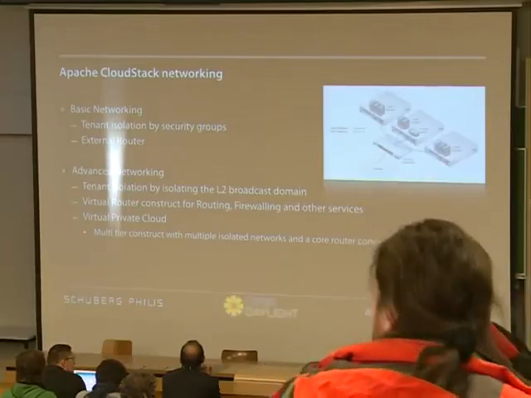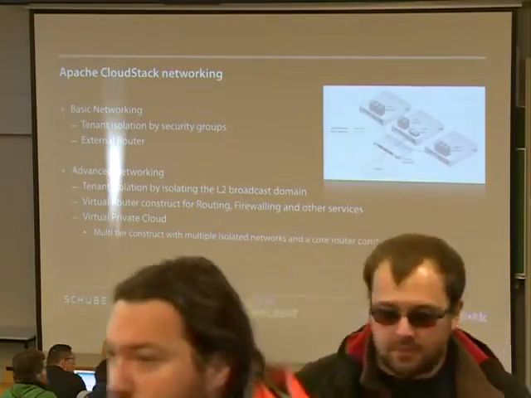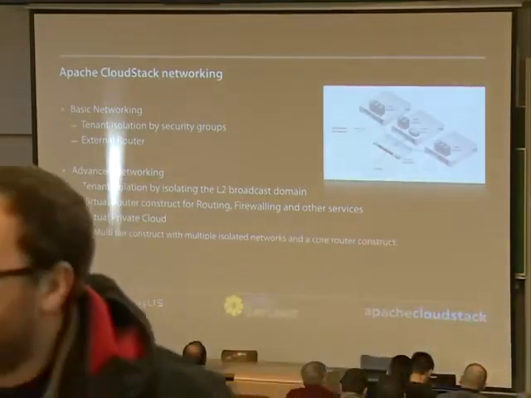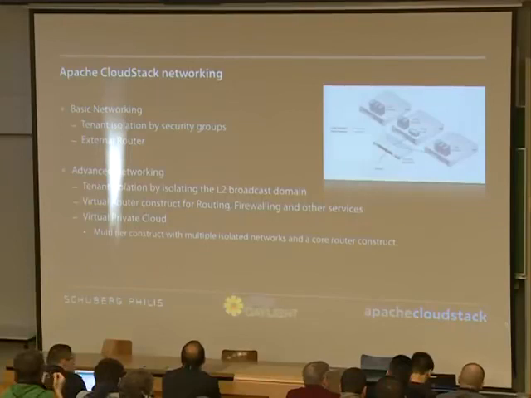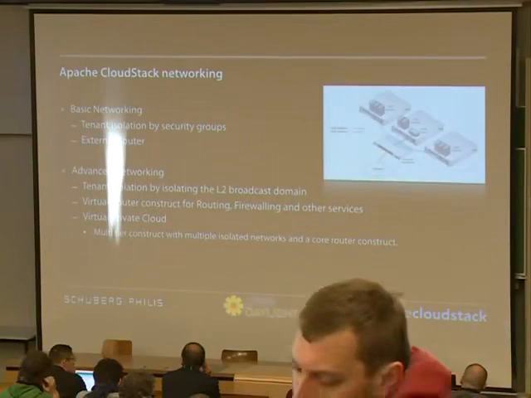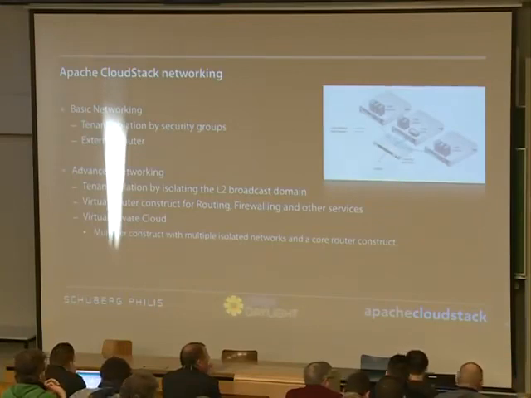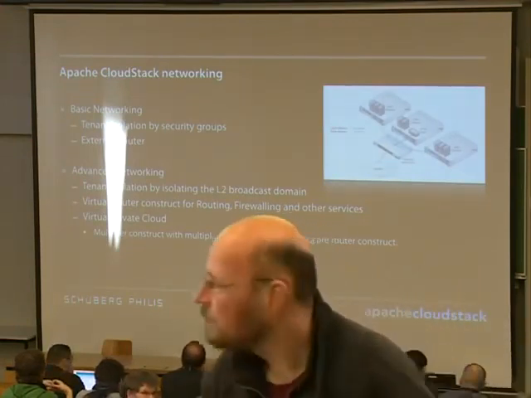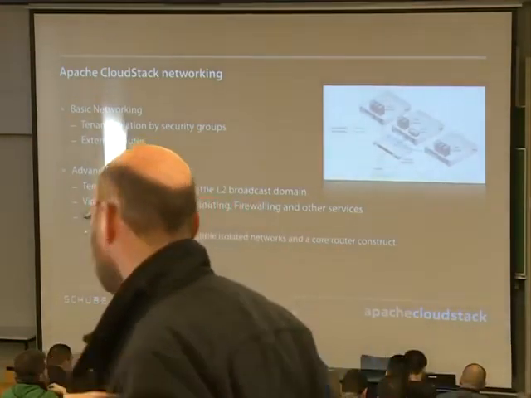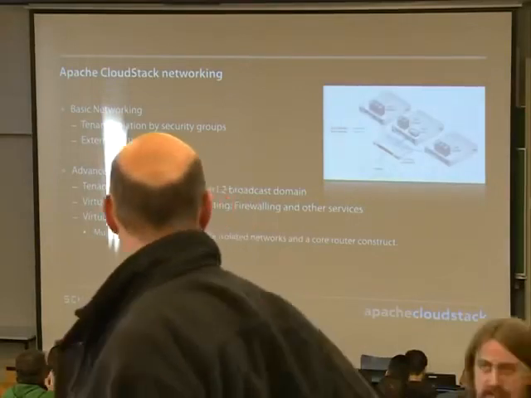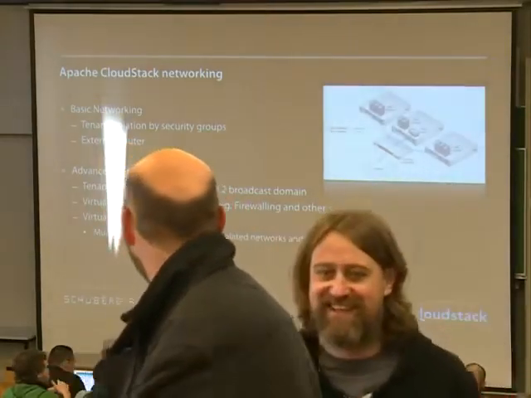And actually we're using, I think nowadays it's called network function virtualization, a router construct that deals with all the stuff like routing, firewalling, load balancing, etc. It sits between your network and the outside world and allows you to make use of its services and also gives you some privacy on your own network. We support virtual private cloud, which is almost the same as an isolated network, except it's a multi-tiered network. And for me, the advanced networking is really the most interesting bit.